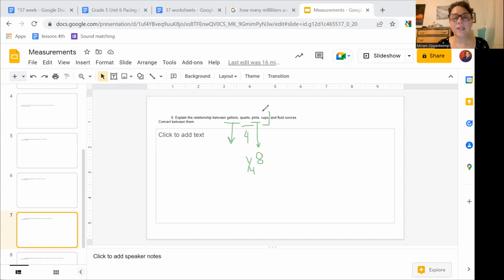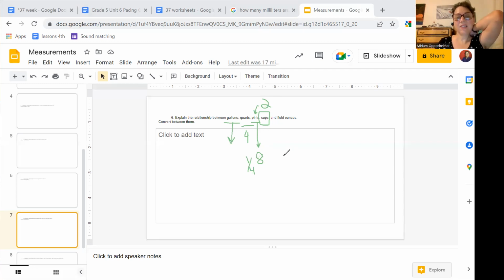And then you could say how many cups, right? It's a little cup. 2 cups just makes 1 pint. So how many cups is 1 quart? It's going to be 2 times 2, which makes 1 quart. Then how many makes 1 gallon? 2 times 8 times 4 is 1 gallon.